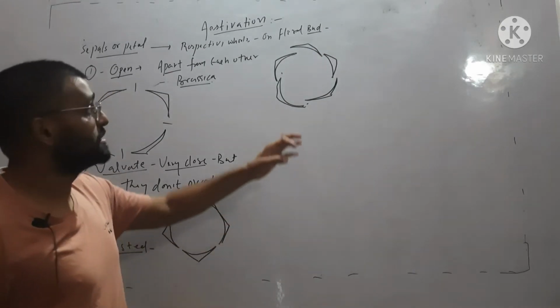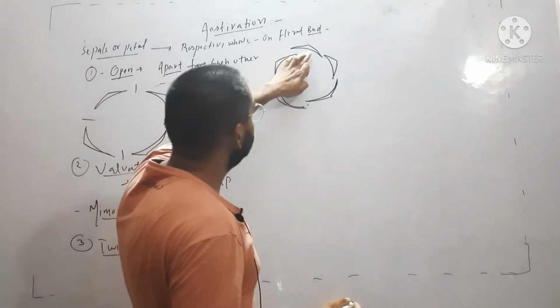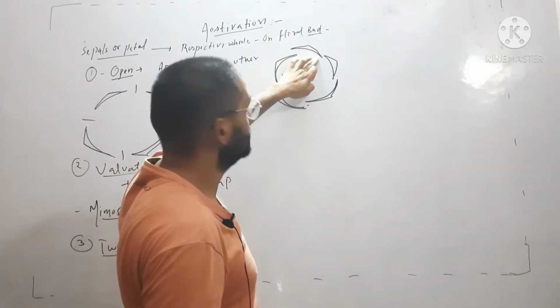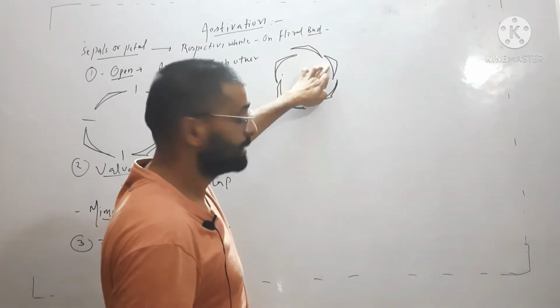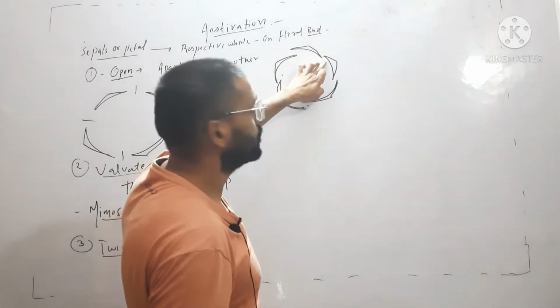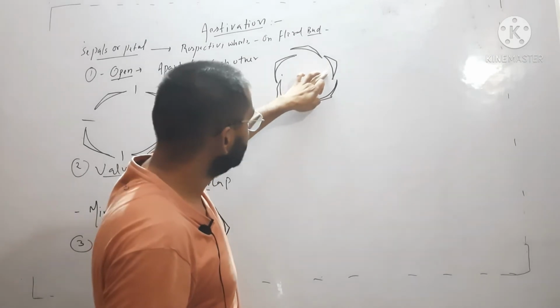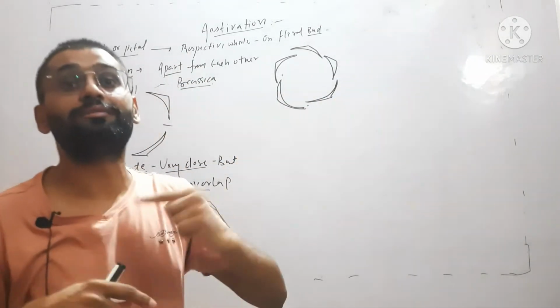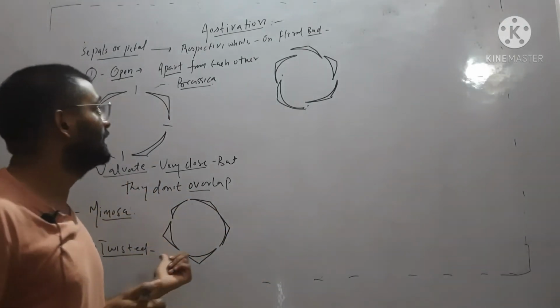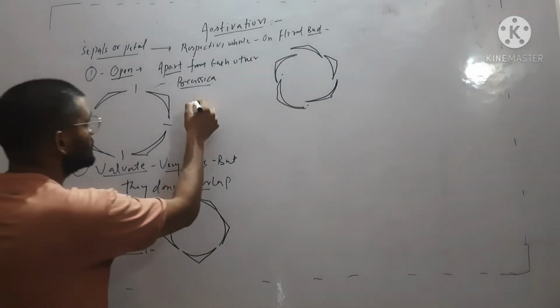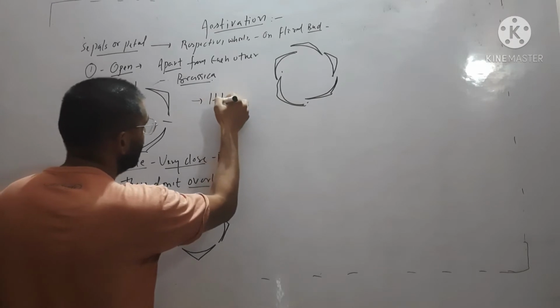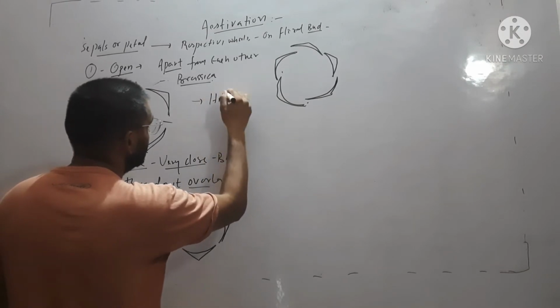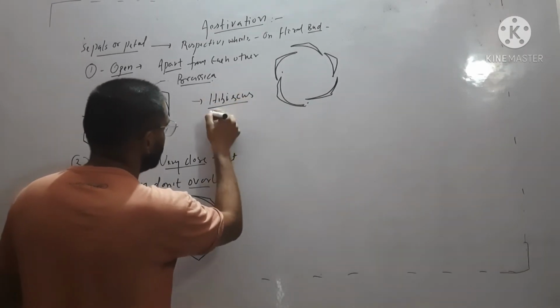In this, you can see that the margin of this sepal or petal is overlapped by the margin of this petal or sepal, and this one is overlapped by the preceding one. So they are present in a twisted manner. That is why it is called twisted estivation. This type of estivation is found in hibiscus, China rose.